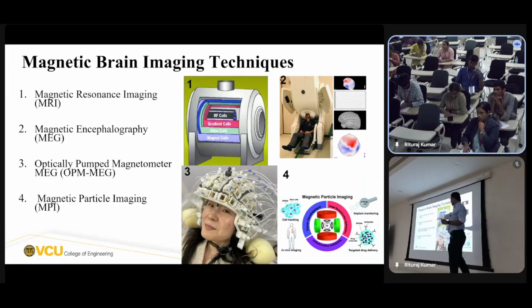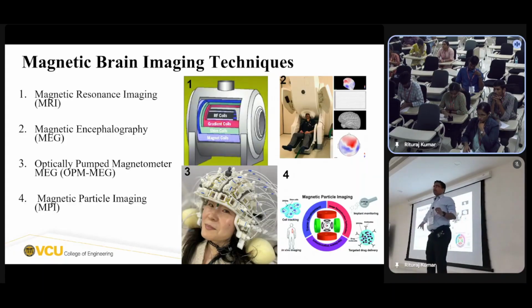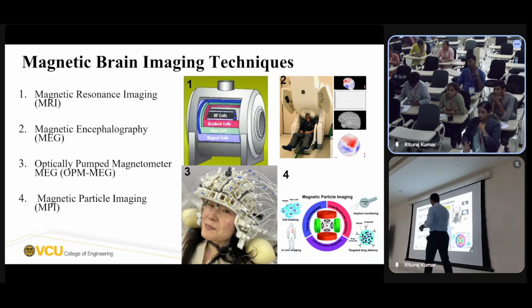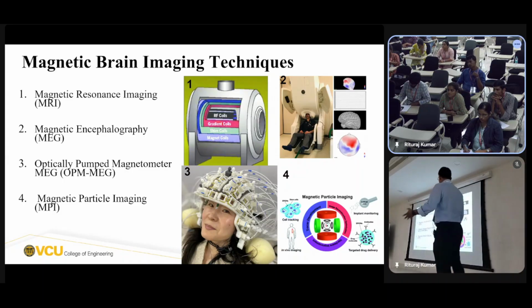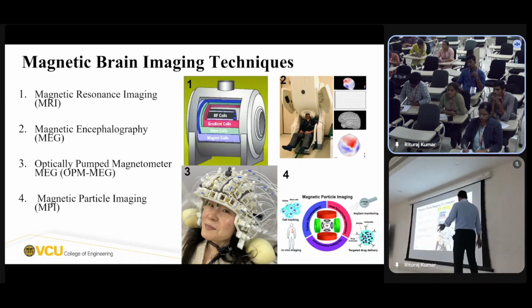And then there is magnetic particle imaging. That's next generation, which hasn't even been demonstrated. People are still working on the materials and small prototypes on rats and so on. These are all related to magnetic methods.